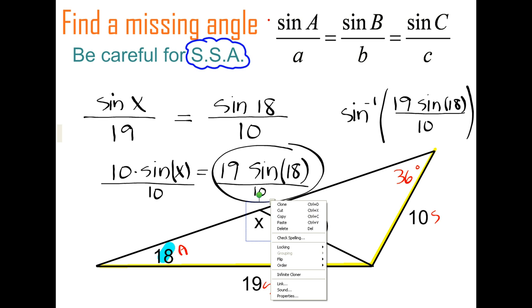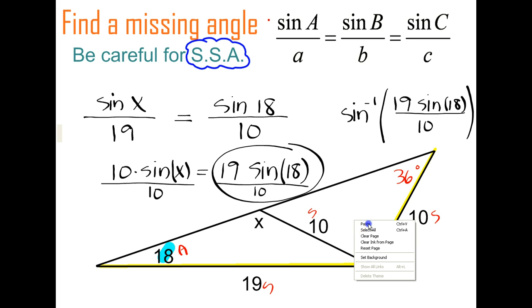So there are two values: x is up here and x is over here. So in order to calculate the obtuse one, if you need the obtuse one, you need to take the supplement of 36, which is 180 degrees minus 36.